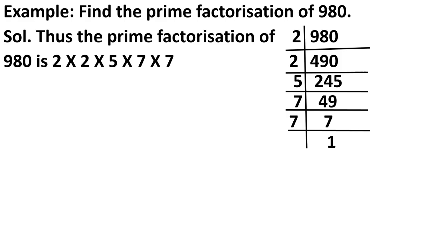Yes, because the ones place is 5 here. So 245 divided by 5 is 49. Now 7 sevens are 49 and 7 ones are 7. So the prime factorization of 980 is 2 multiplied by 2 multiplied by 5 multiplied by 7 multiplied by 7.